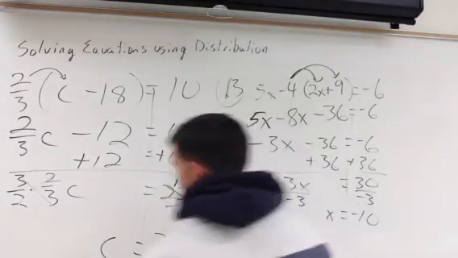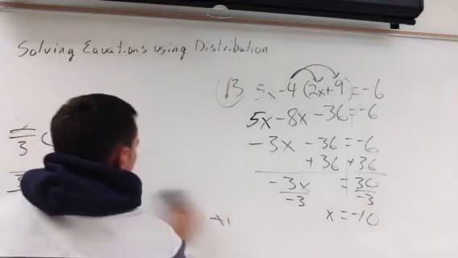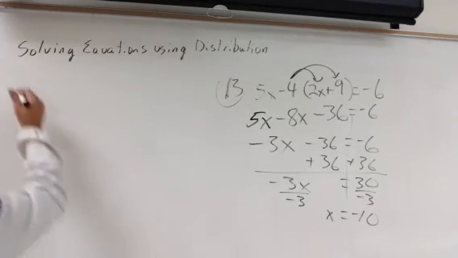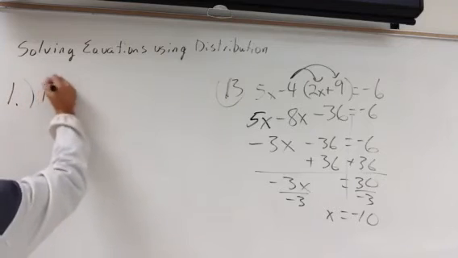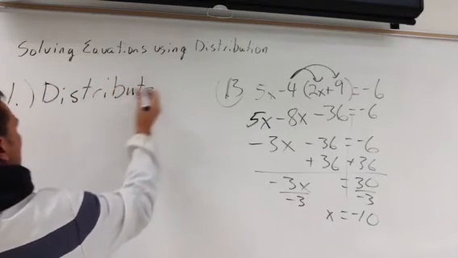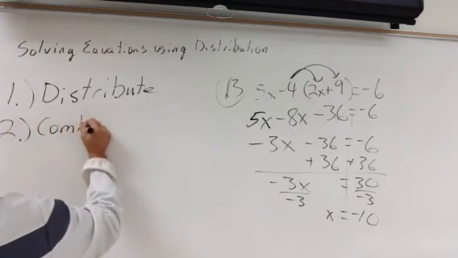So in review, to sum up these sections, we need to think about how we're doing this. Whenever possible, we want to distribute. Our second step is combining like terms.